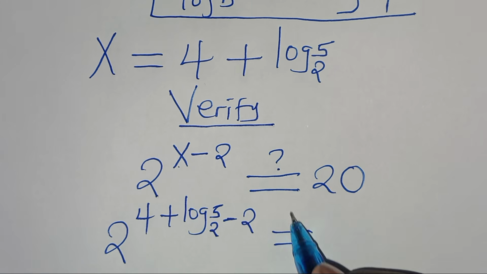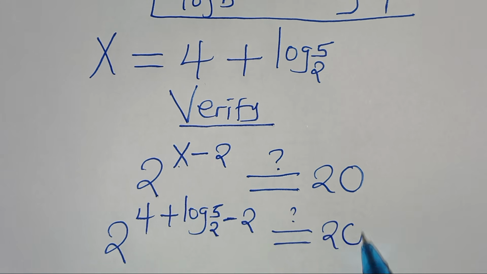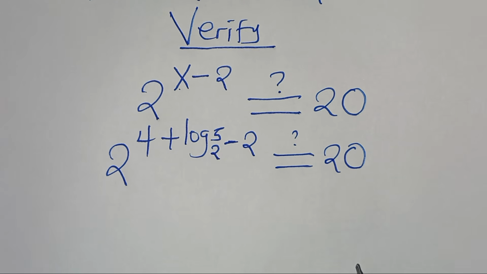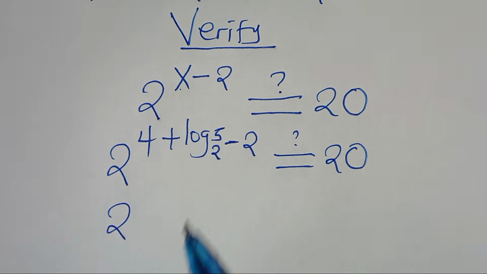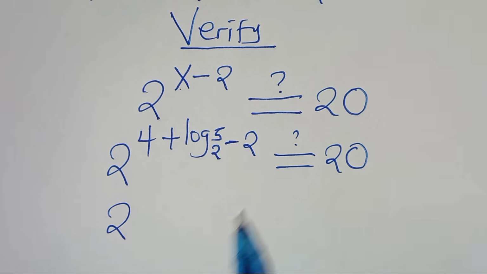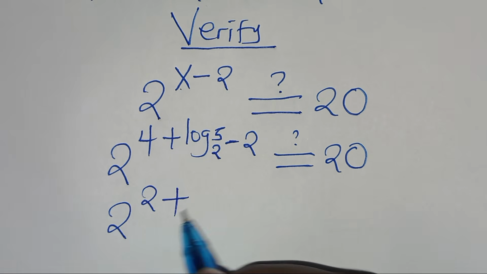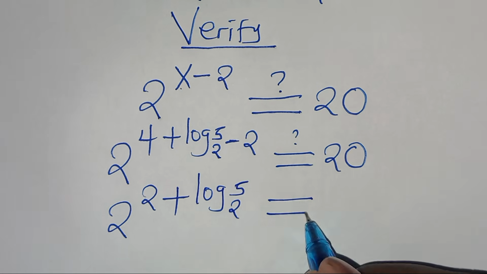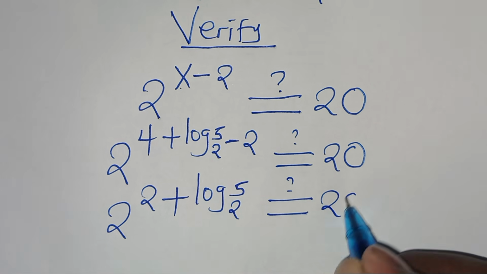This should give us a value of 20. Now 2 to the power of 4 minus 2 is 2, then plus log 5 to base 2, which is supposed to give us a value of 20.